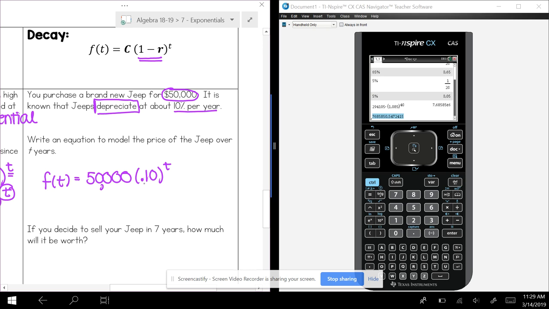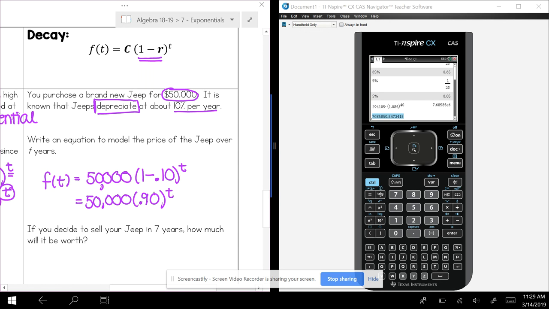But when you do that, what you're writing is that 10% is left. What has to go on the inside is what you're taking away. So 1 minus 10%, because how much is actually left, guys? 90%. So that's what's got to go in here, and that's why it's tricky.